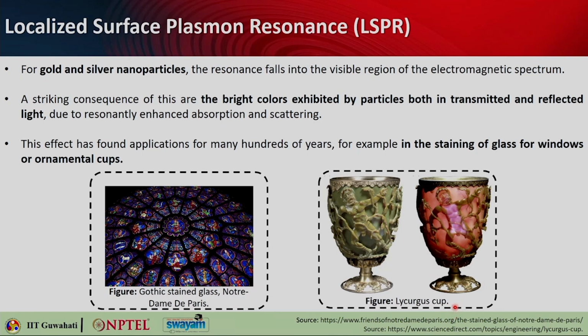From a white light source kept at the back of the cup, the plasmonic resonance at blue green is removed, so only red light comes out towards you, and you see a red cup. But when the light source is in front, you just see the scattering, and the scattering resonance is at blue green, or simply green, so the cup appears green. It is the same cup, but it looks different because of these plasmonic properties.